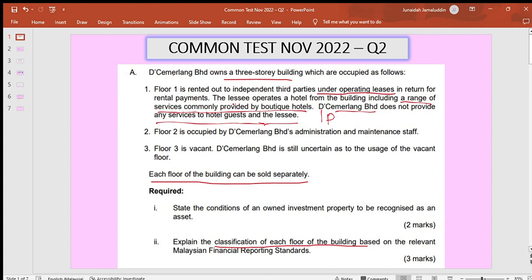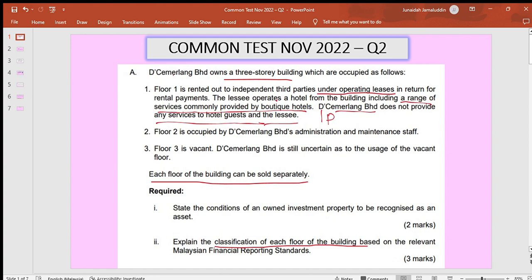It's not the owner itself that runs a hotel operation at the floor. It is the lessee. So Cemerlang Berhad, the owner, just rented out the floor to the third party under operating lease, but the lessee is the one that operates a hotel.